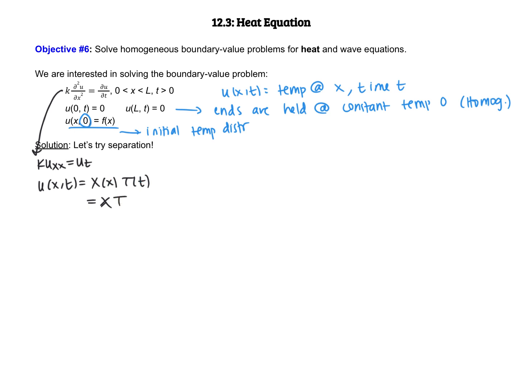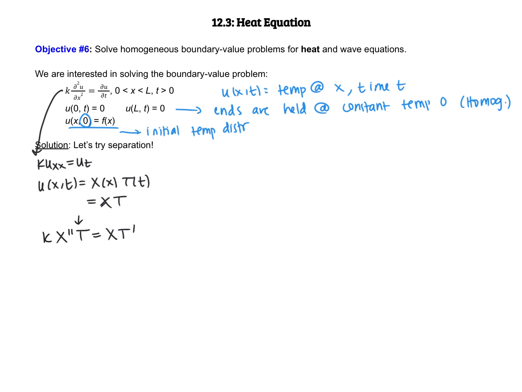We're going to have to find the second partial with respect to x and the partial with respect to t, and substitute that in. Where that gets us is k X double prime T is equal to X T prime. Again, keeping in mind X and T are both functions.